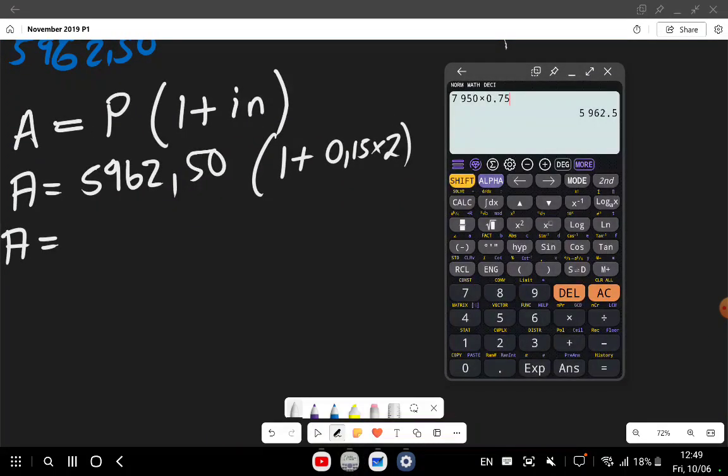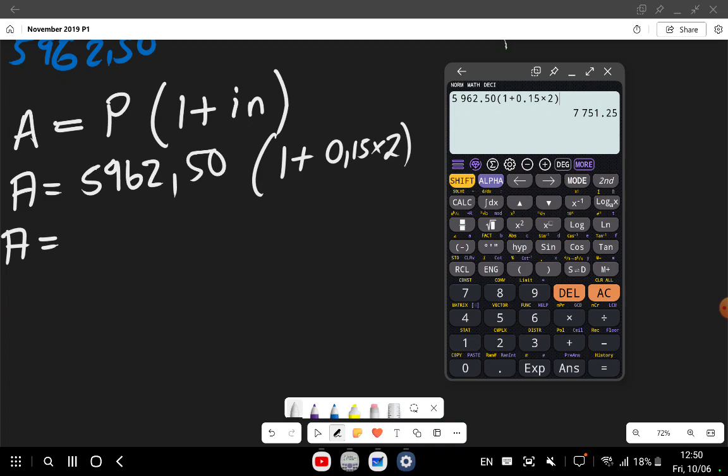Let's check our calculator. 5,962.50 open bracket 1 plus 0.15 times 2 close bracket.